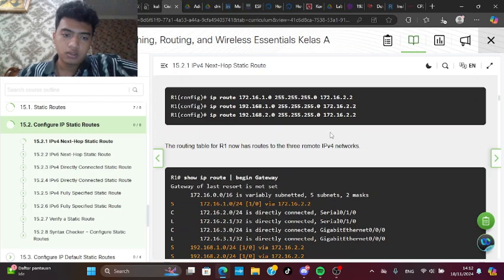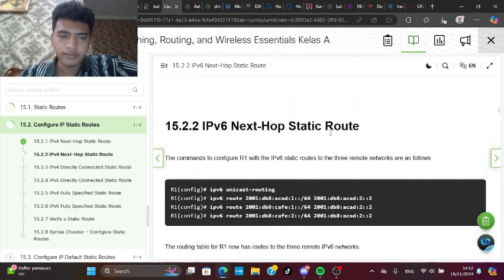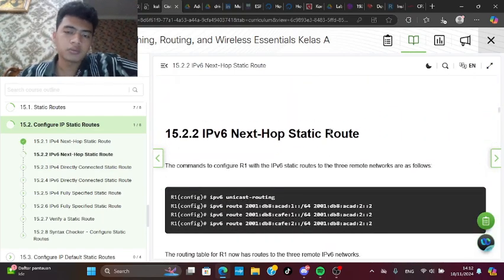Okay. The routing table for router 1 now has routes to the 3 remote IP version 4 networks. So I guess after this we can ping from router 1 to router 3.